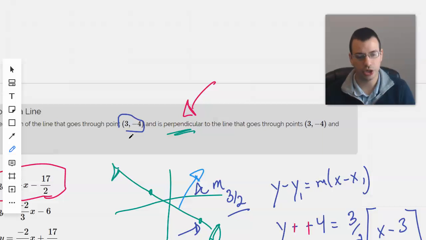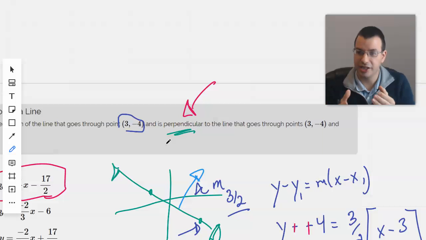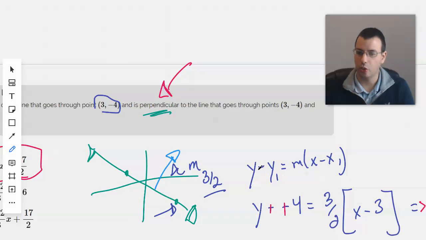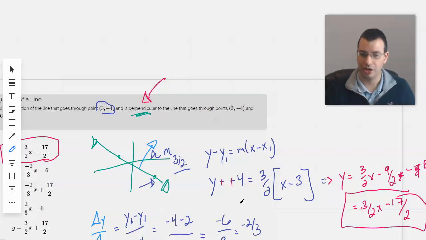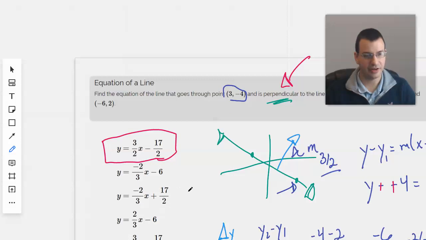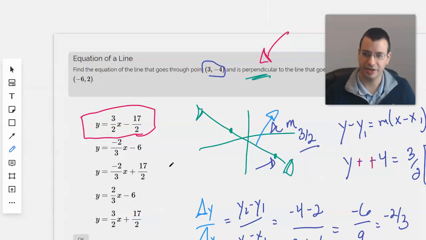And then when you have a slope, the way you make an equation of a line given that slope is the equation y minus y1 equals m times (x minus x1). And you plug in whatever point you want to use for your y1 and your x1, put in the slope, and that will give you the equation for your line. And that's how you find the equation of a line given a couple points and then a point you want to go off of.